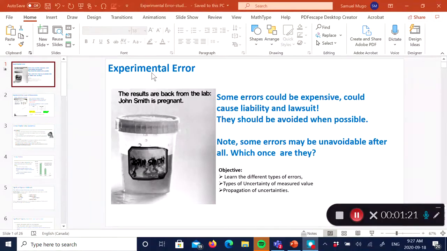So the objective for the lecture then is for you to be able to learn the different types of errors, be able to quantify how to quantify the errors as well in terms of what I'm calling uncertainty. How do you quantify the error? And also how do you propagate uncertainties?